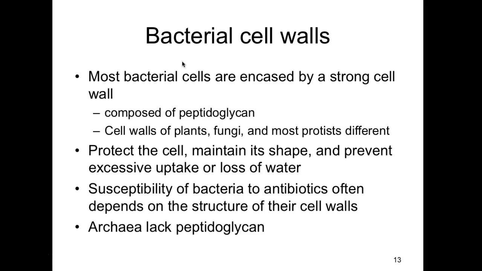When we think of bacterial resistance to antibiotic or susceptibility, it often depends on the structure of their cell walls. So the true bacteria have peptidoglycan in their cell walls, and the extremophilic bacteria lack peptidoglycan in their cell walls. So the archaeans are going to lack it, and the true bacteria will have that peptidoglycan.